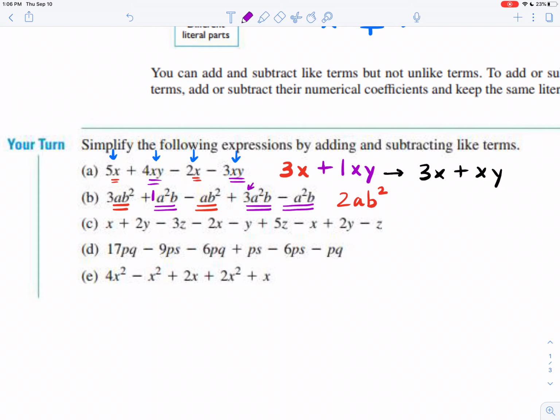That's 4. And then technically I've got a minus 1 here, which is going to give me a positive 3a squared b. Notice at that point I can't simplify this anymore, because these two terms do not have the same literal part. One is ab squared and the other is a squared b, so I can't do anything more to that.